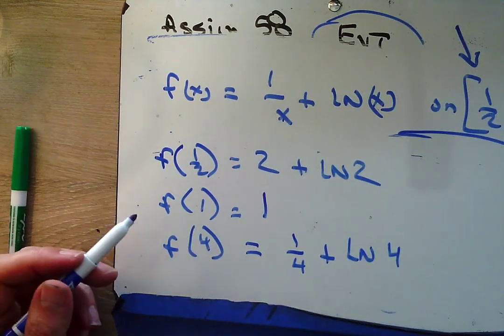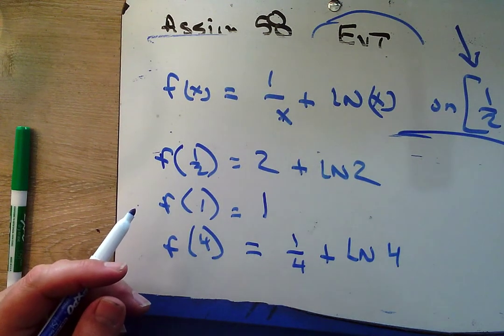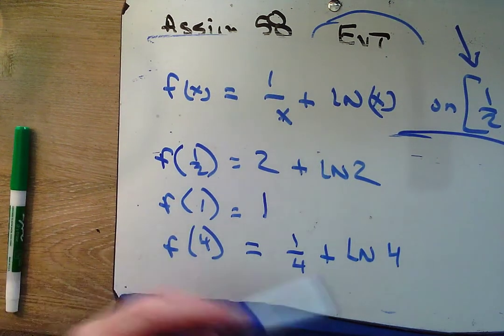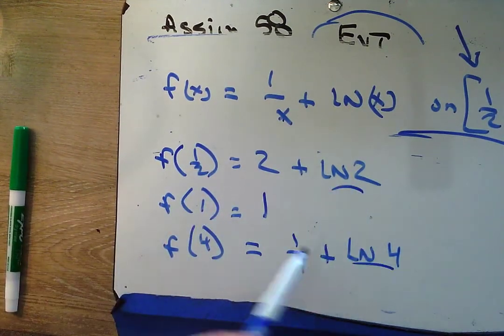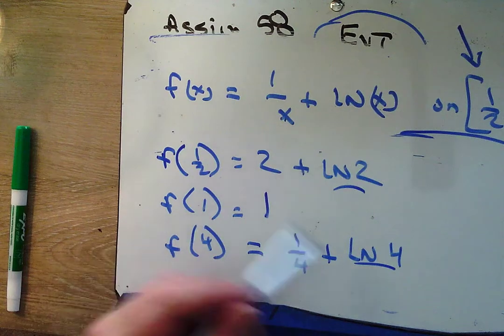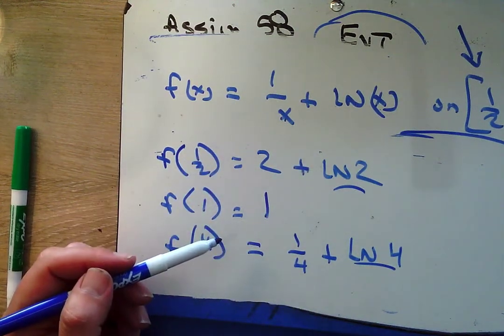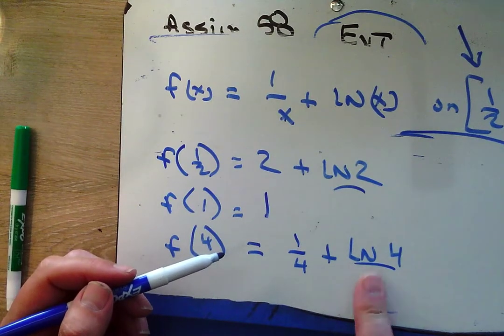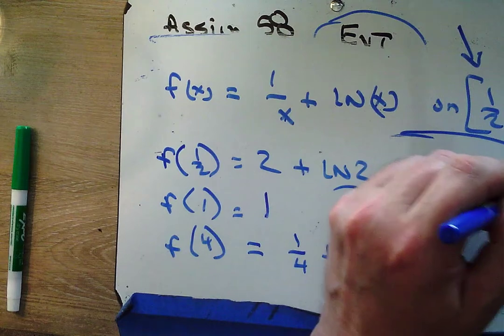Well, yeah, so I feel sort of frustrated here because I am going to have to pick up a calculator to figure out which of these is the min or max. I guess I could think about my ln graph.